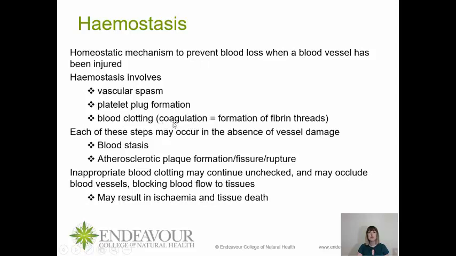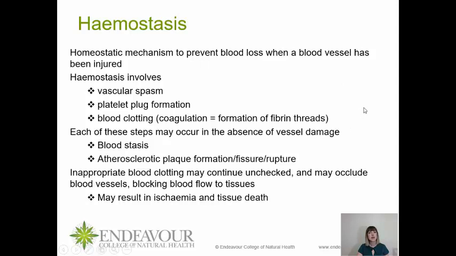And this is where you get the activation of clotting factors, leading to the formation of fibrin threads, so protein fibres that reinforce the clot structure. So this is a normal response to damage to blood vessels that prevents the blood from leaking out of the blood vessels. So this is how we stop ourselves from bleeding.